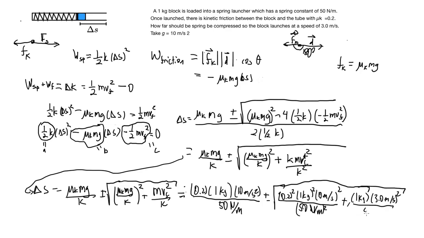K here is 50 newtons per meter. And then we go to our calculator, tap, tap, tap, grind, grind, grind. And when I tried this, I got 0.46 meters, void where prohibited by law.